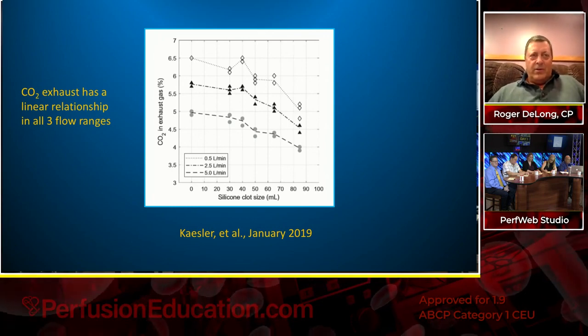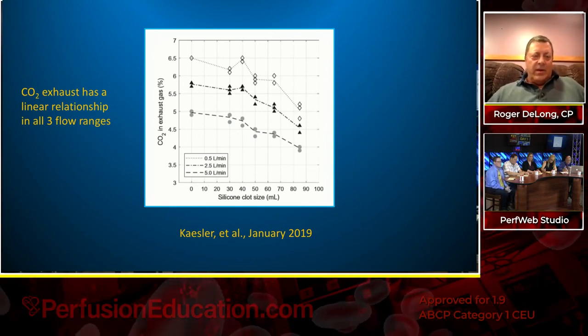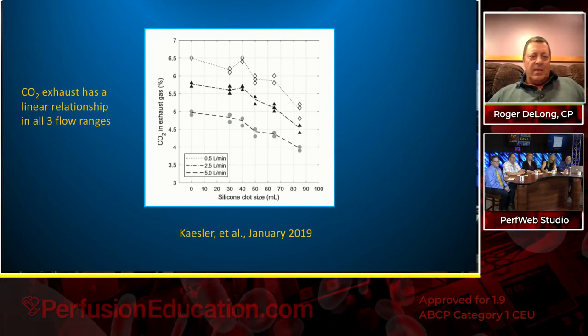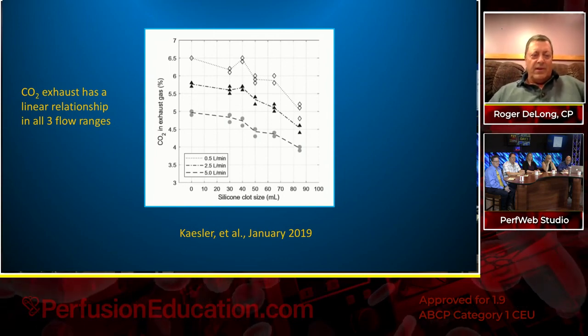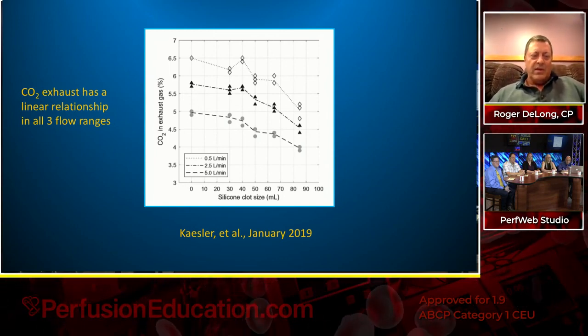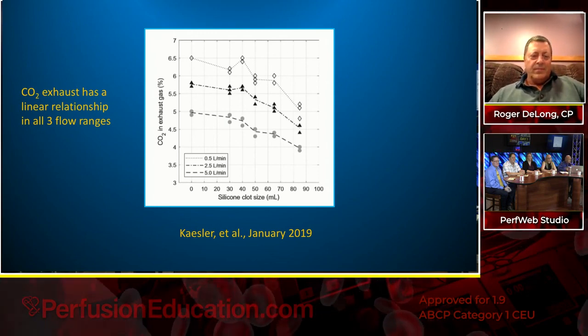You'd have to parallel it with something effective, bench tests, etc. But once you had those numbers in hand, this might become an effective thing. So if you have any perfusion students or fellows that are looking for good things to do a study on, this might be a good inexpensive one to do.